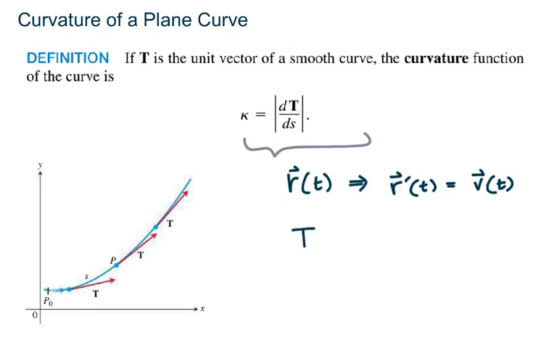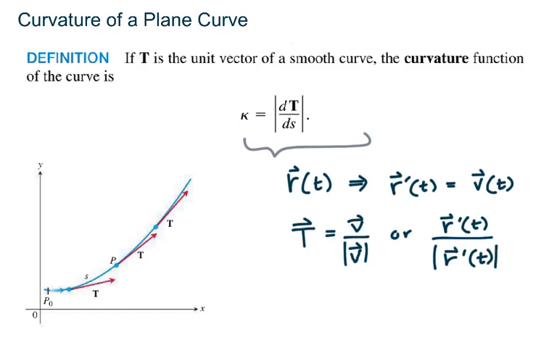We know that the tangent unit vector T is equal to the velocity vector divided by its magnitude, or we could say R prime of t divided by the magnitude of R prime of t.